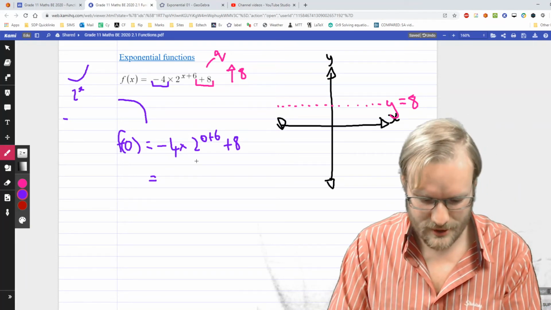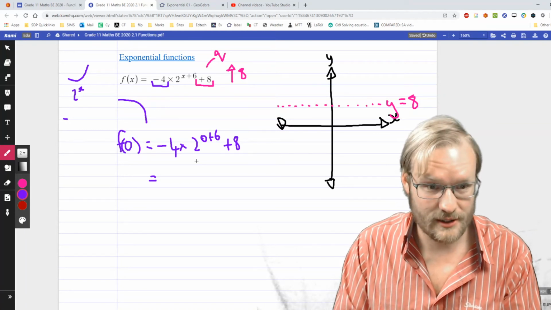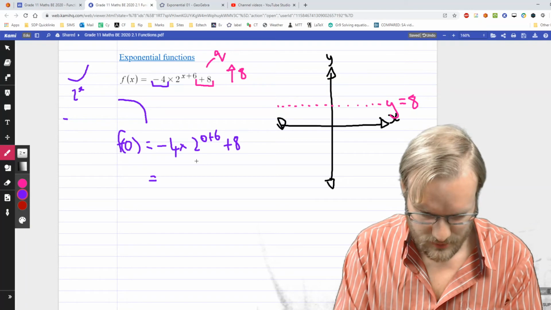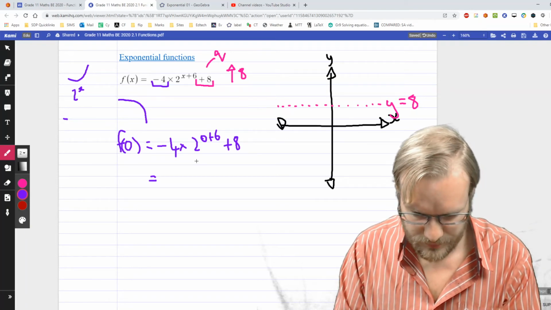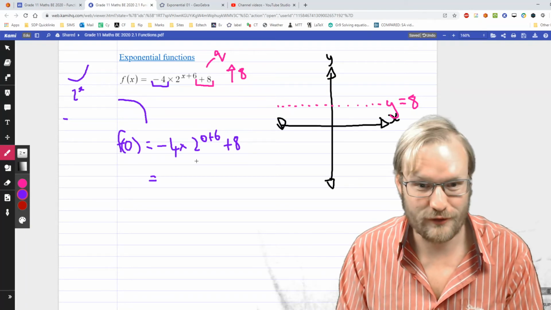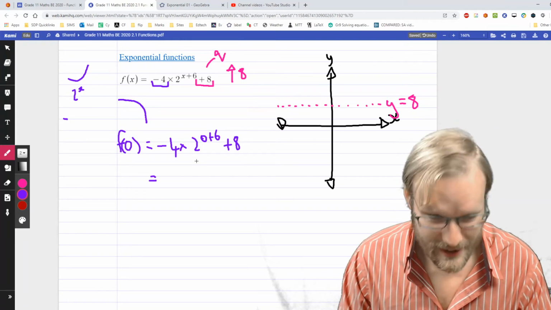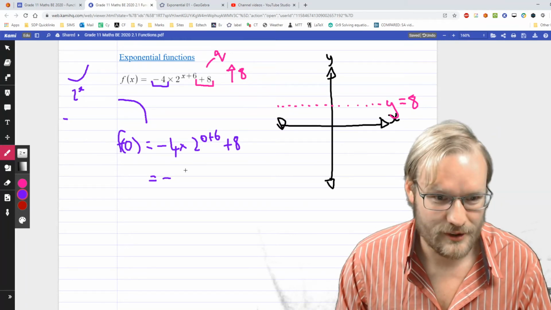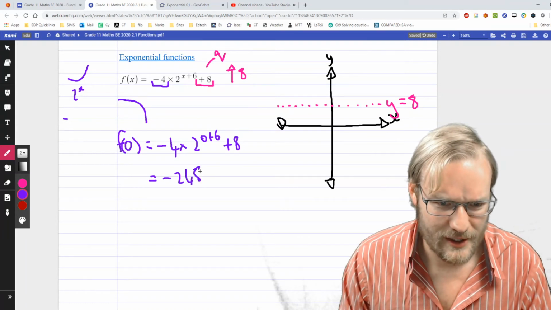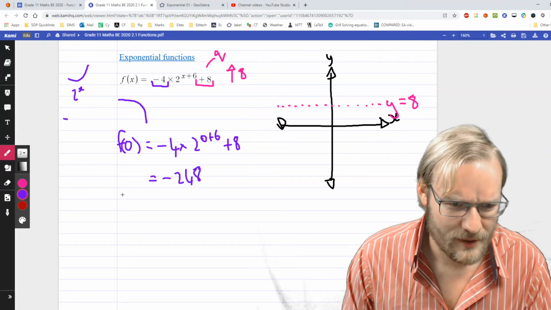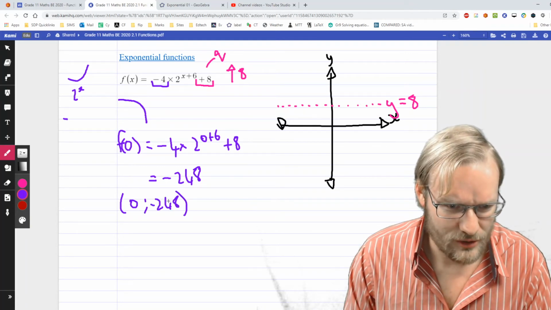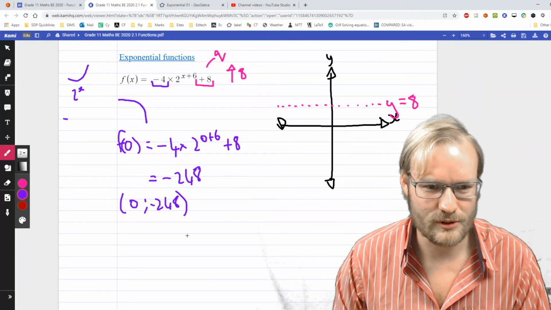Sure, that will help us. -4 × 2^6 + 8 = -248. Okay, so that y-intercept is way down here somewhere. Negative 248. And I keep saying, because I think it's useful, when x is 0, y is -248. So write it as coordinates, so we know what we're dealing with.